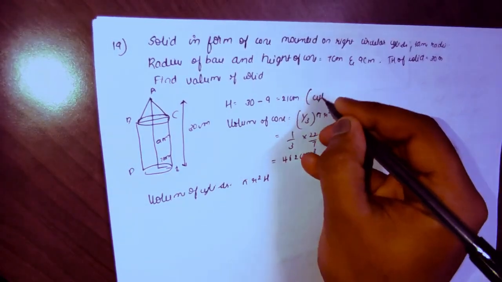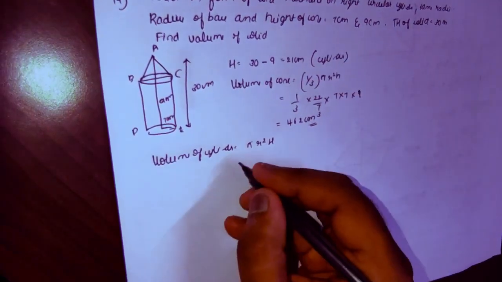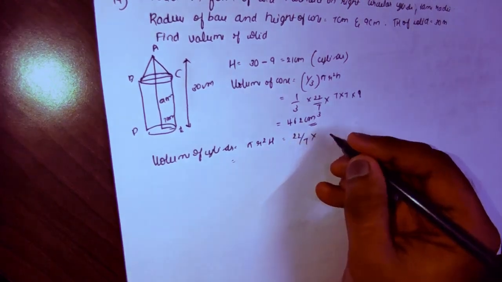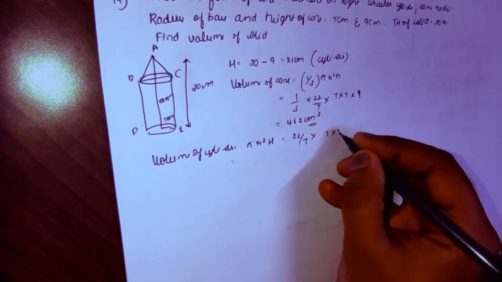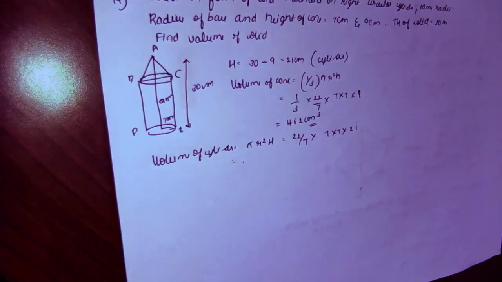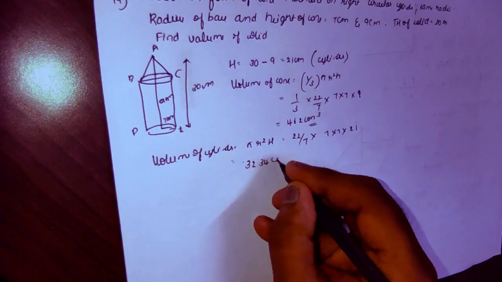Substituting 22 by 7 into 7 into 7, height is 21, you get the volume 3234 centimeter cube.